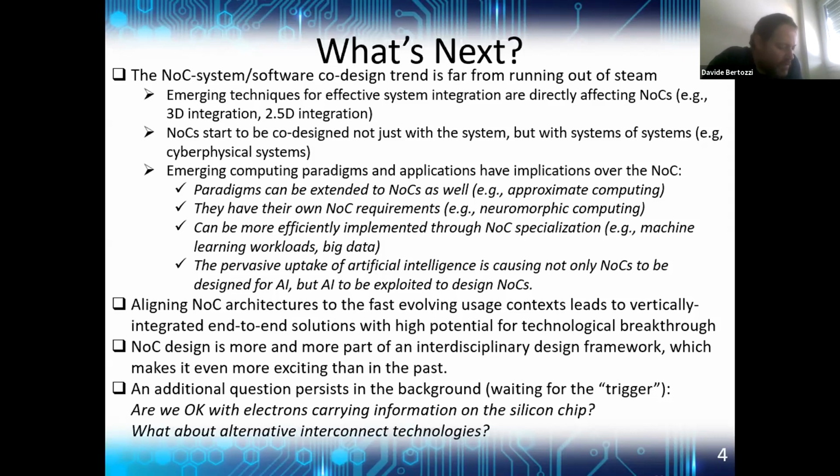In particular, they are using deep reinforcement learning to explore the vast design space of an on-chip interconnection network, especially in 2.5D and 3D integration scenarios, or, another example, to change reactive fault tolerance strategies into proactive fault tolerance strategies. But more on this will follow in the next lecture.